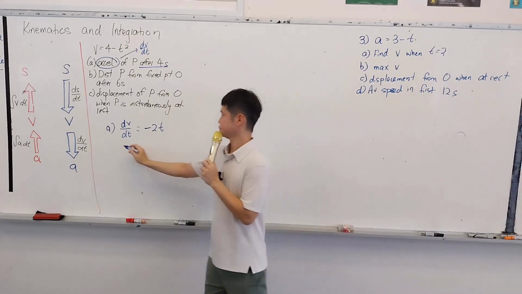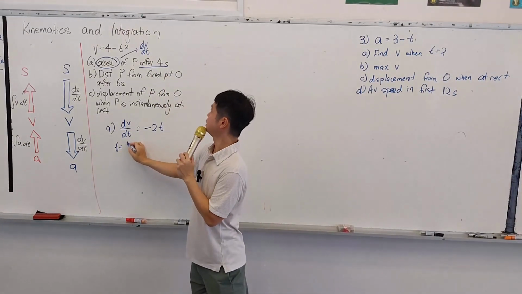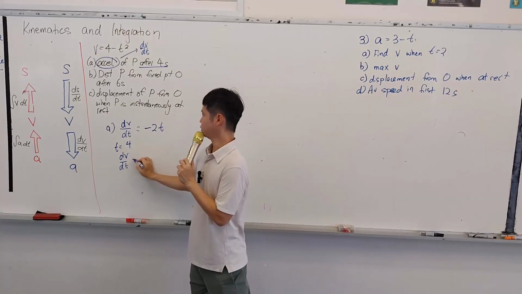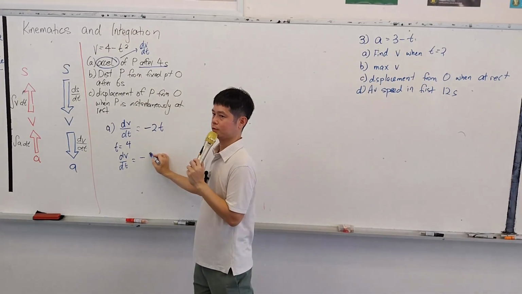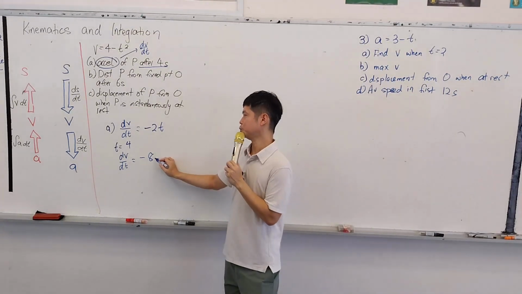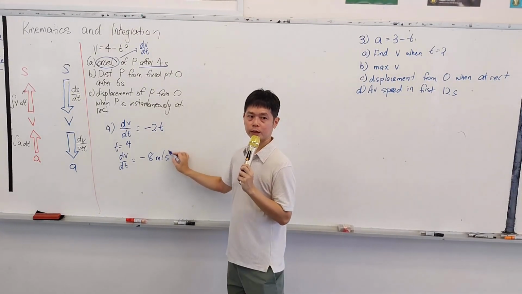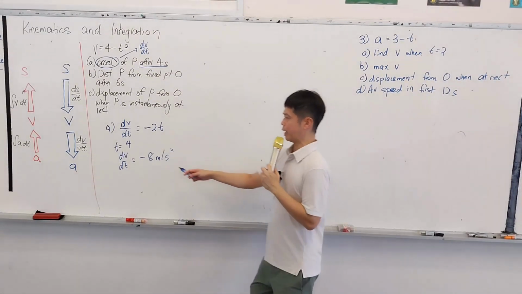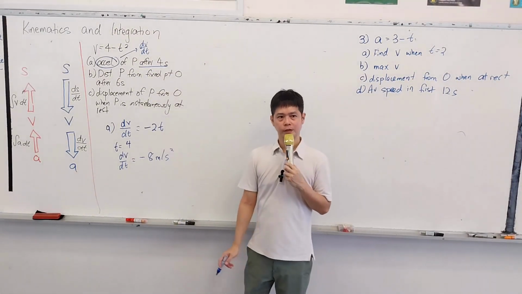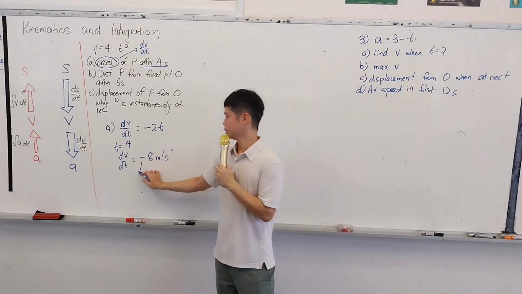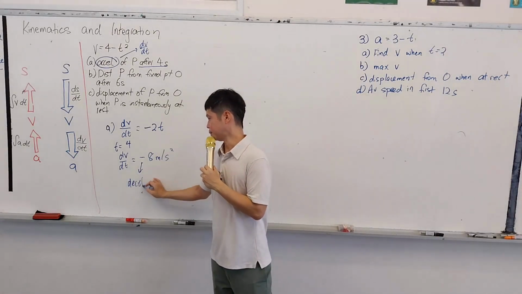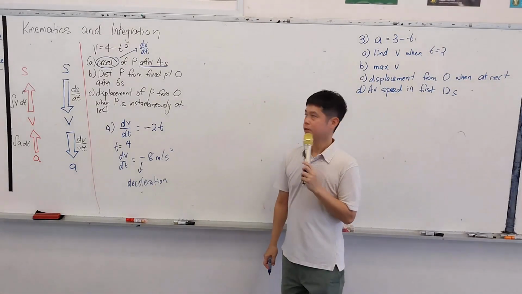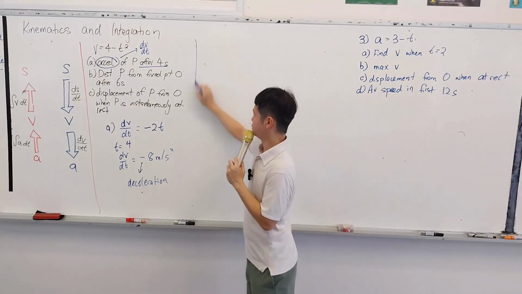Sub what? So you have to write this down, sub t equals 4. dv/dt is very simple. Okay, please try to put the units now. Meter per second squared. Now, what's the meaning of negative here? Yeah, that's a deceleration. That means I'm getting slower and slower over time. Okay, that's all. Very simple.